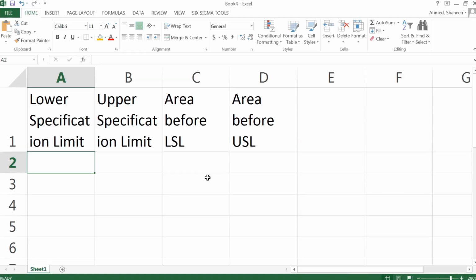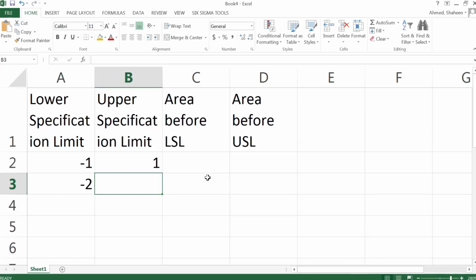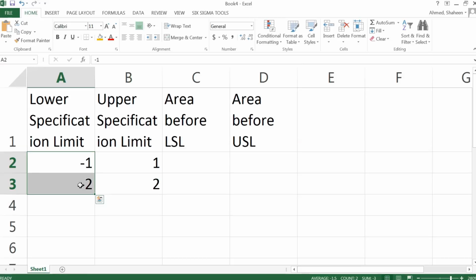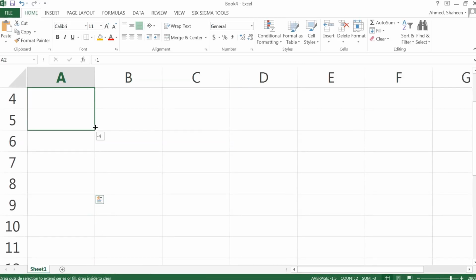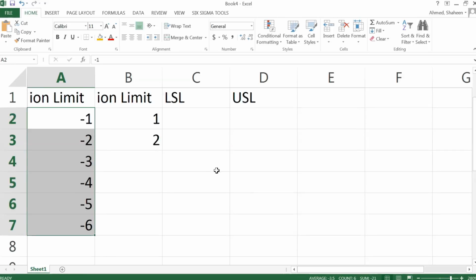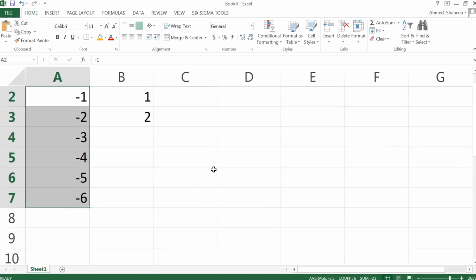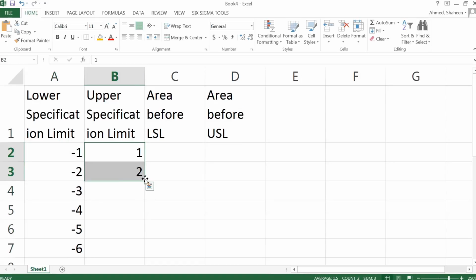So let's assign these numbers, the standard deviations: minus 1, plus 1, and then if your machine is capable of producing between two standard deviations, minus 2 to plus 2, and then all the way up, assuming we have a machine that can produce up to 6 sigma standard.